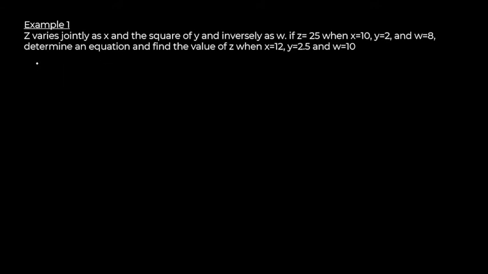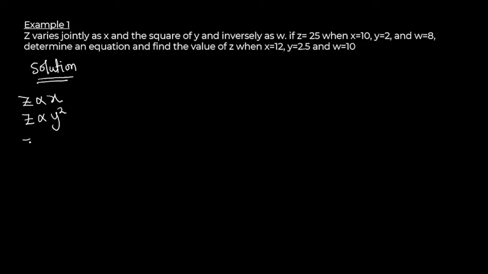Let's go ahead and find a solution for this problem. So we write down our solution. So we have z varies jointly as x as one variation, and the square of y. So we have z also varies as the square of y, and inversely as w.